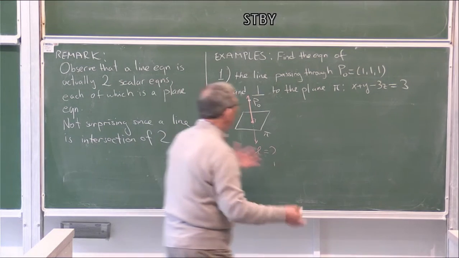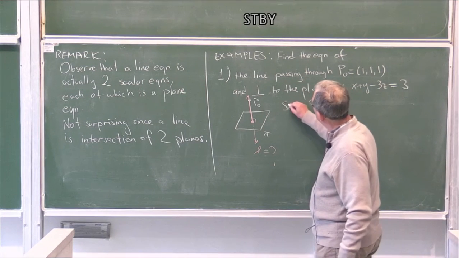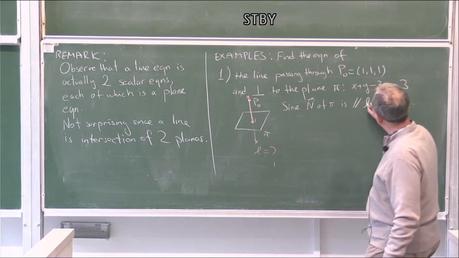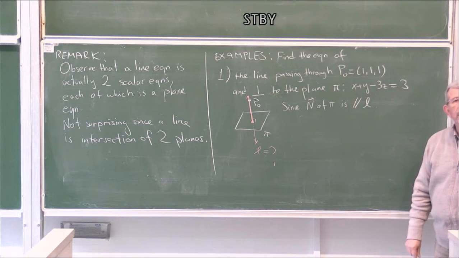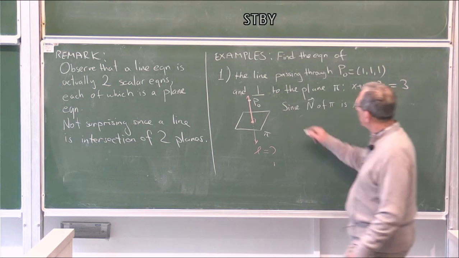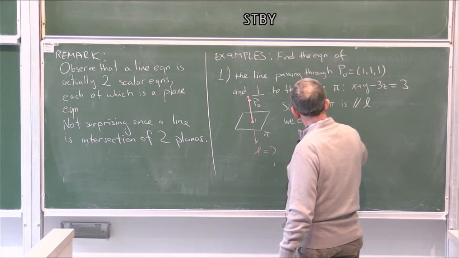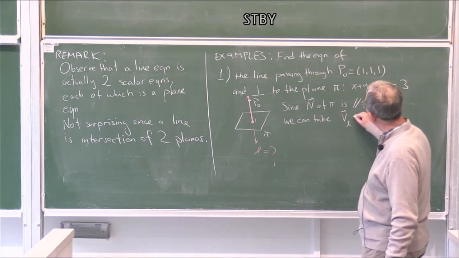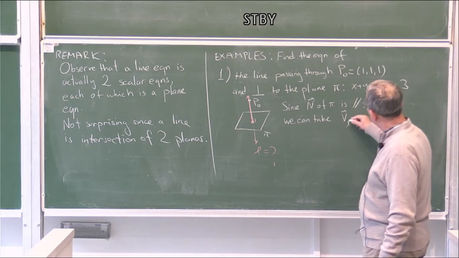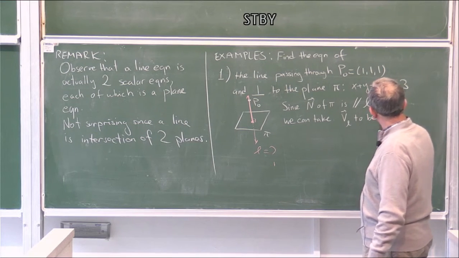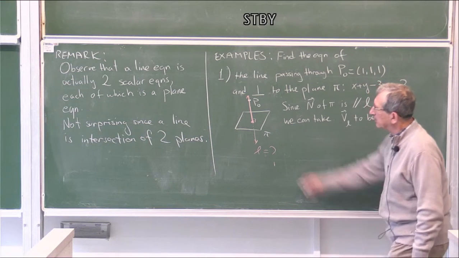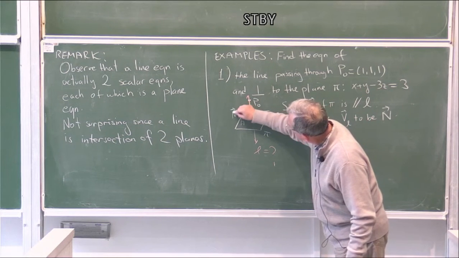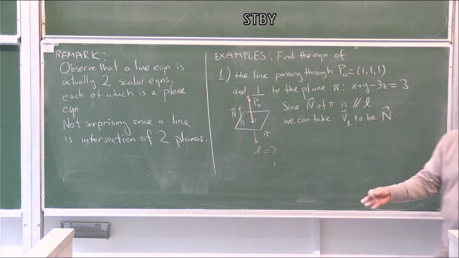Well, from the geometry, we immediately see the following. Since the normal of pi is parallel to L, we can take it as V. Usually we show it with VL, to be the same, because of perpendicularity, and normal here is certainly parallel to L, and that's all we want.